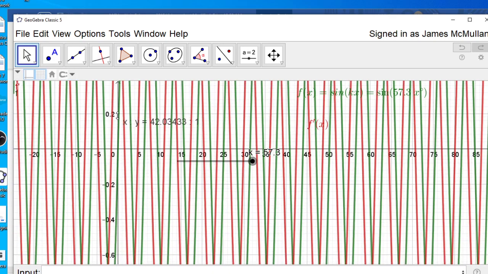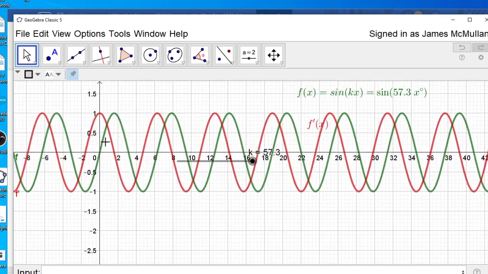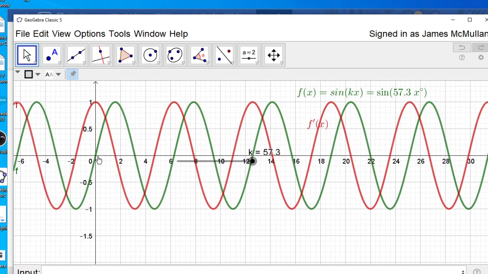And if I change the period by the exact right number, something interesting happens. The green is my sine curve. You see it starts at 0, and instead of finishing at 360, it finishes a little bit past 6. And now my red curve is a perfect cos curve that has the same amplitude and finishes at the same time. So just like when you took the derivative with e, it was easier because you didn't need a correction factor, the same thing is true here when you take the derivative in radians.